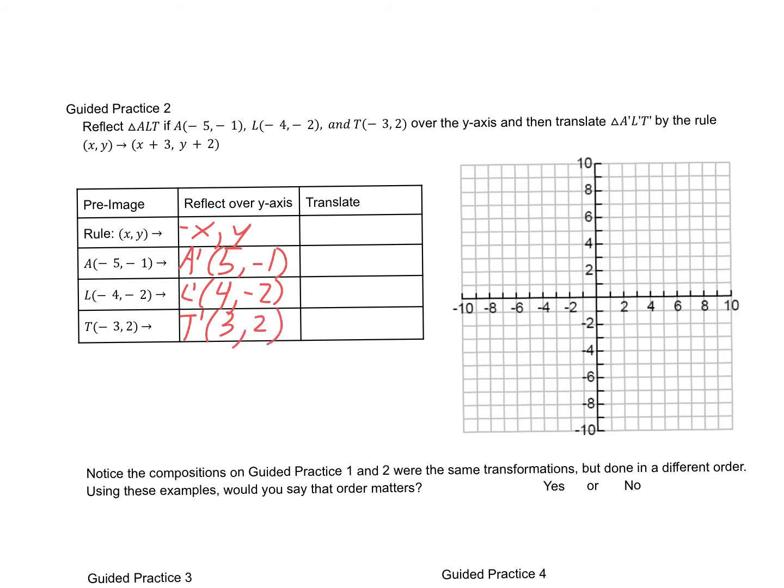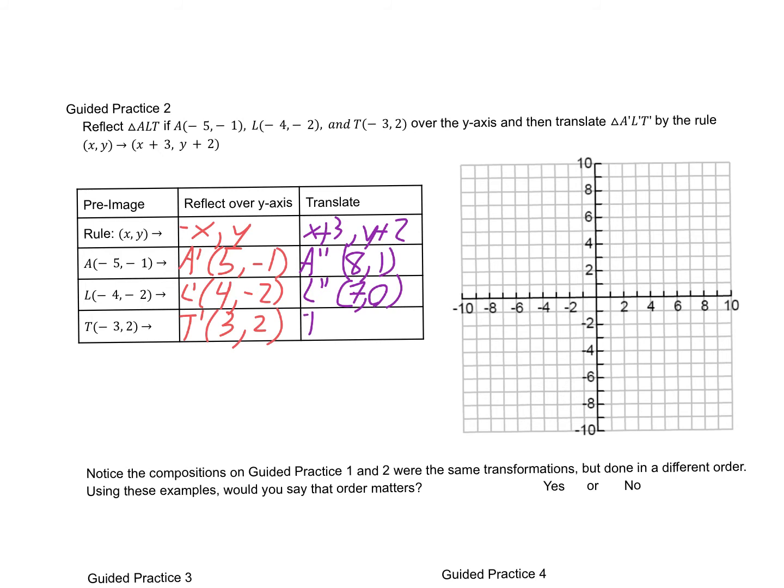After we reflect, now we're going to translate. Our translation is going to be x plus 3, y plus 2, such that our A double prime will exist at 8, 1. L double prime will exist at 7, 0.